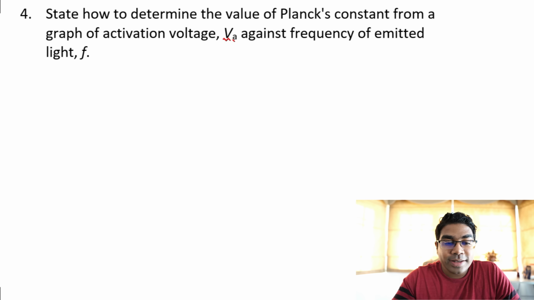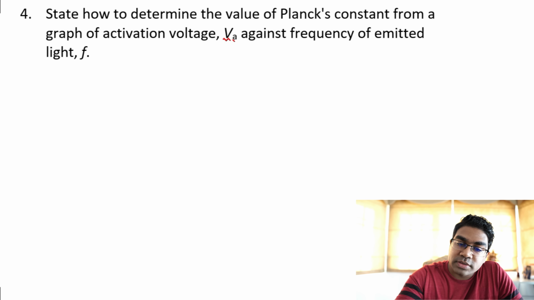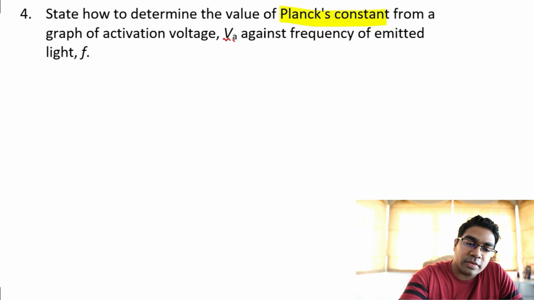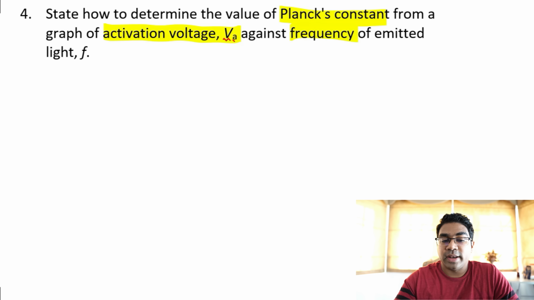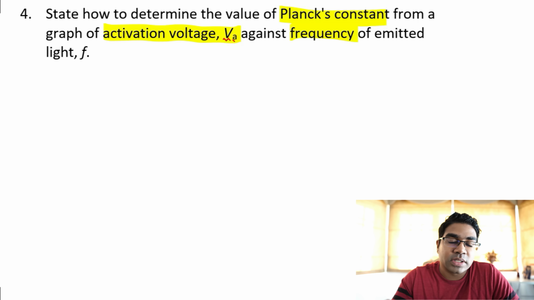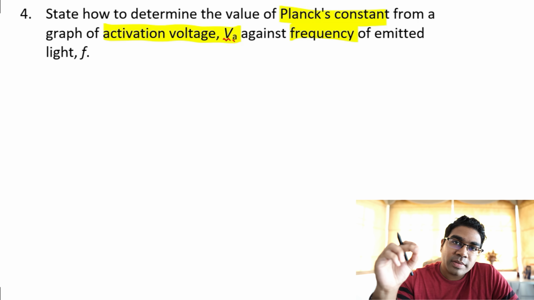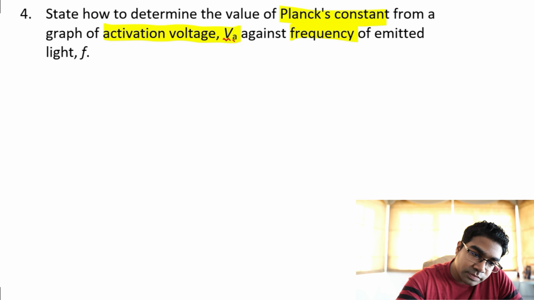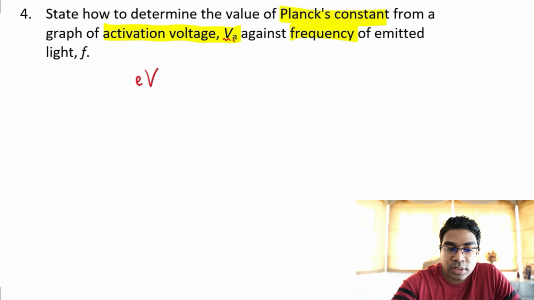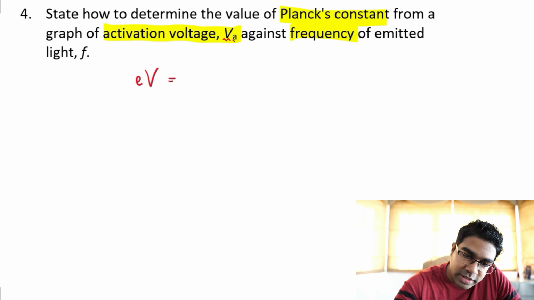Question 4. State how to determine the value of Planck's constant from a graph of activation voltage VA against frequency of emitted light f. This is from the experiment to determine Planck's constant. For this experiment, you need to remember one equation: the conservation of energy. The electrical energy of the electron, eV, equals the energy of the photon, which is hf.